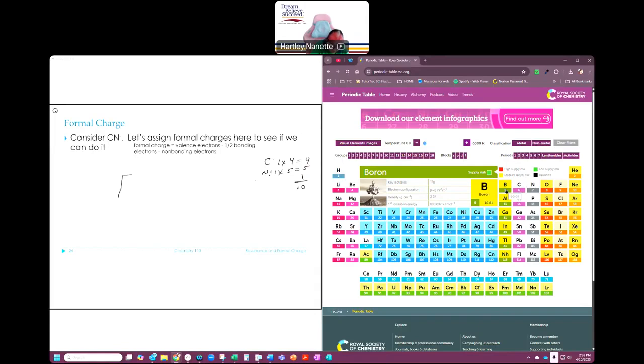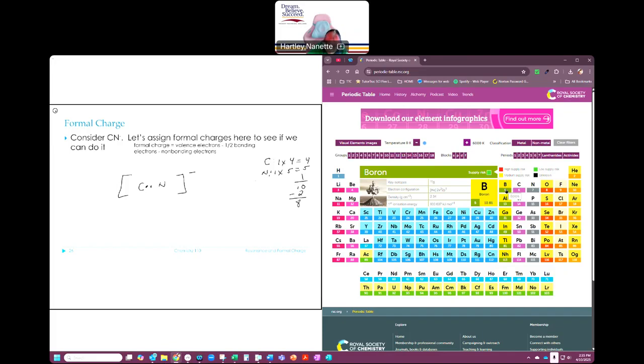This is going to be in brackets because of that charge. We have a carbon and we have a nitrogen, and we start by making 1 bond. So there are 2 electrons that go in between the 2 of them, right? And since carbon is written first, he's considered our central atom. So we have 2 electrons that are taken up there.